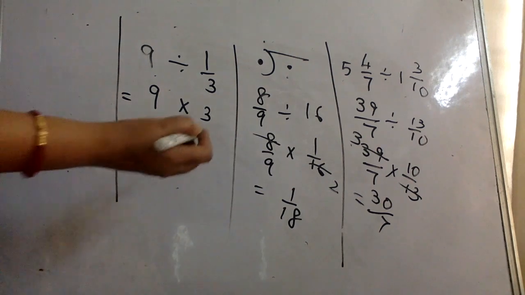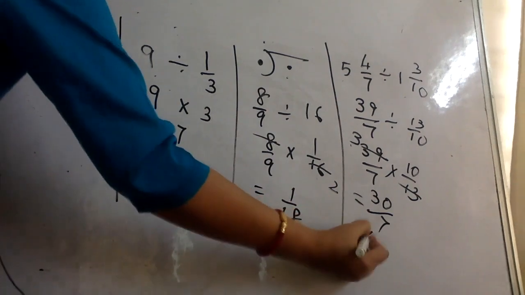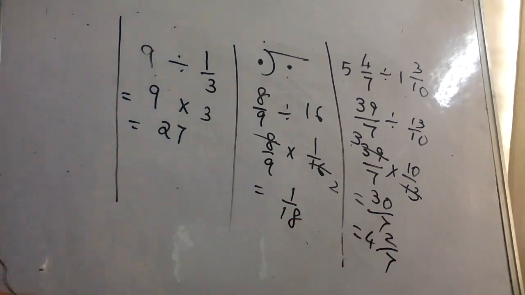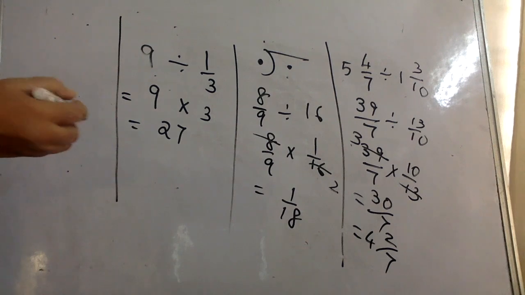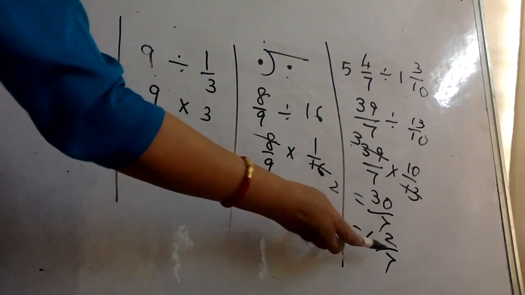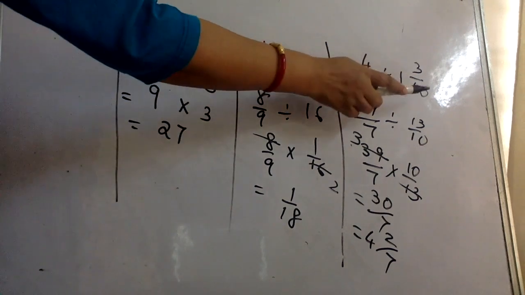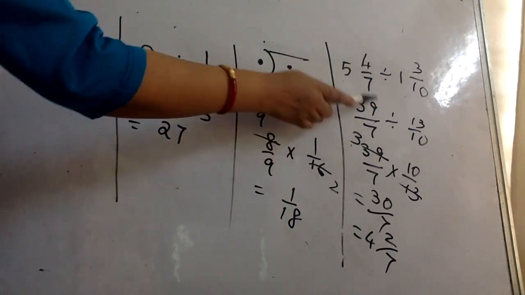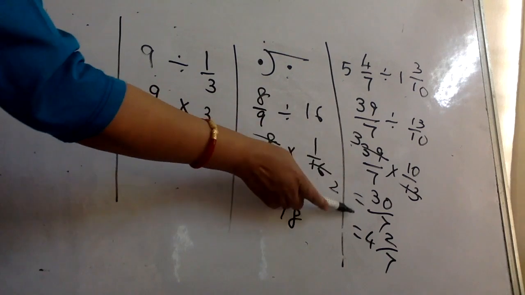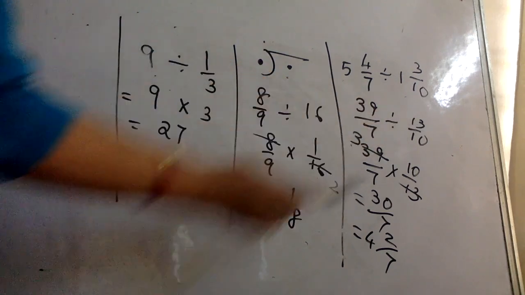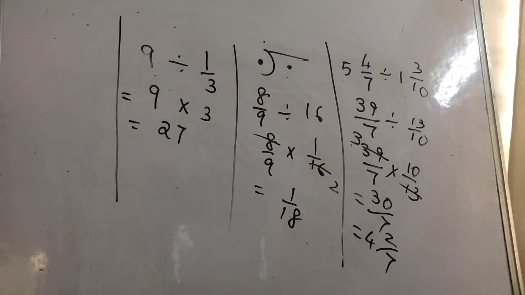So this comes to 4 2 by 7. You can divide it and see how you convert an improper to a mixed: 7 4s are 28 plus 2, 30. So we have done mixed divided by a mixed. No reciprocal for the first one, it remains as it is; reciprocal only for the one which comes after the division sign.